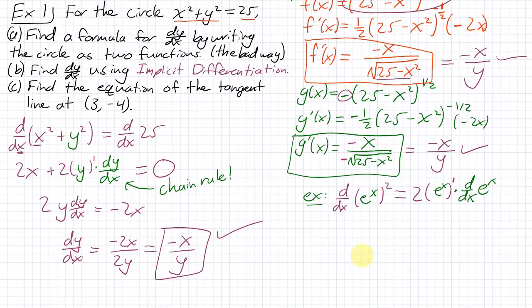Okay, so this way seems kind of weird, but we only have to do it once, and also the important thing about this is this works in a lot of situations. There's a lot of things we're going to see, especially in chapter 4, where implicit differentiation just kind of saves you some time. And sometimes actually it's kind of impossible to use the way on the left.